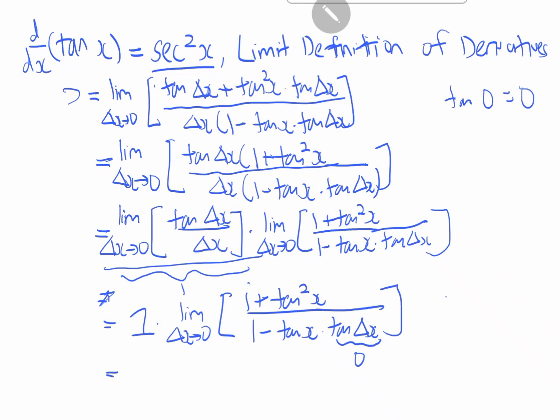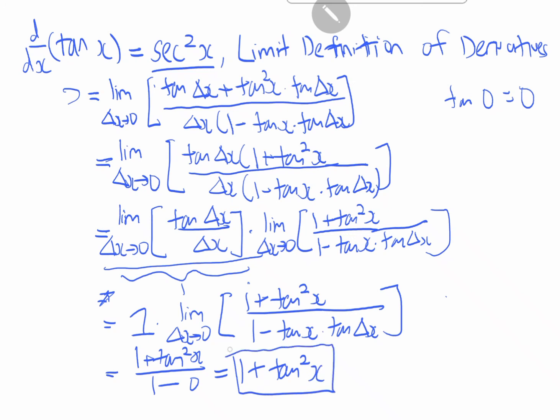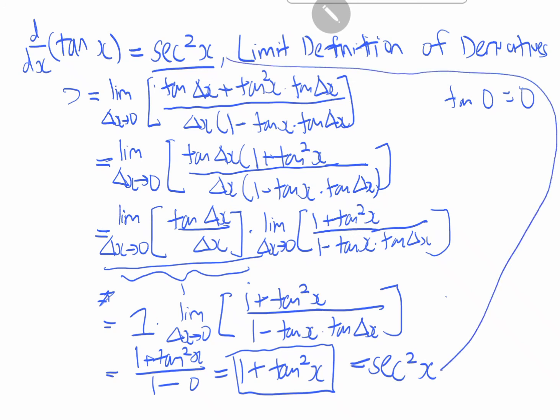So therefore this whole thing will give me 0. So therefore we can write it as 1 plus tangent square x over 1 minus 0, equals to 1 plus tangent square x. This one can be further simplified as secant square x. So now we have already proved it.